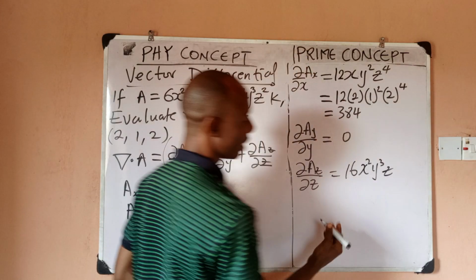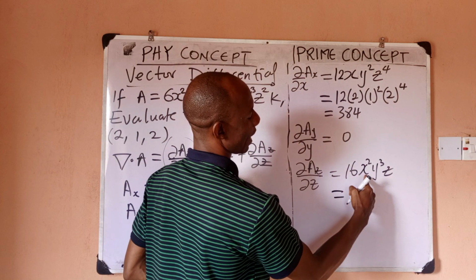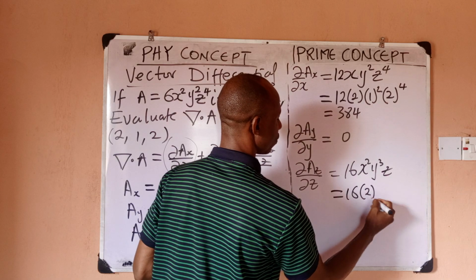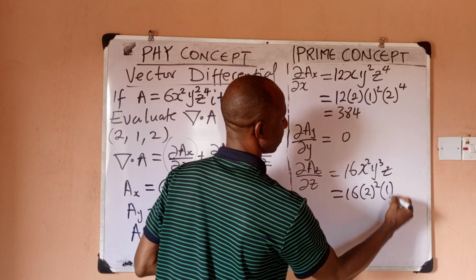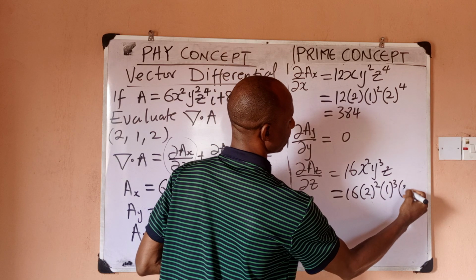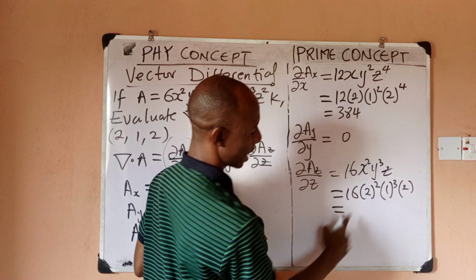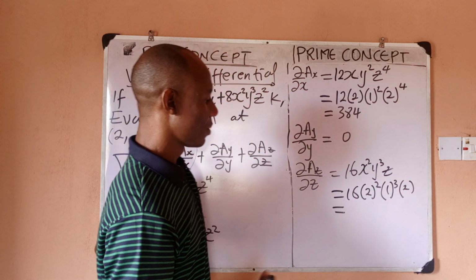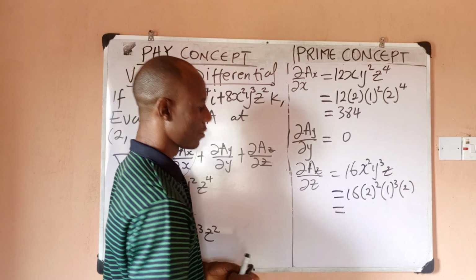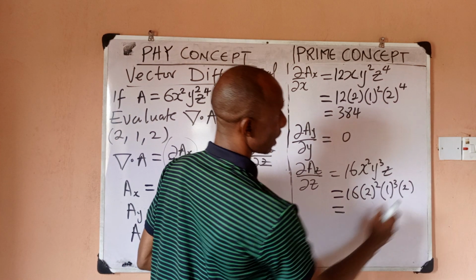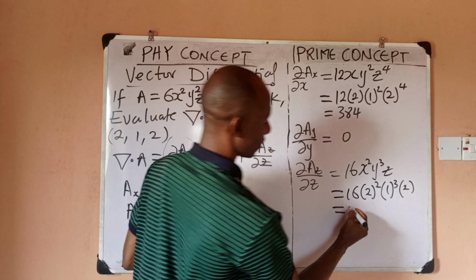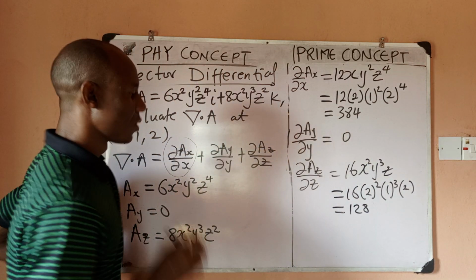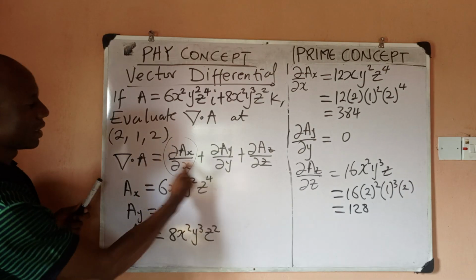So very quickly, I'm going to replace x with 2. So I have 16 into 2 squared. Then y with 1. Then z with 2. So if I do this, I have 2 to power 2 is 4. 4 times 16 is 64. So this 64 times 2 is 128. So this is what I have for this. So quickly I'm going to combine in this formula.